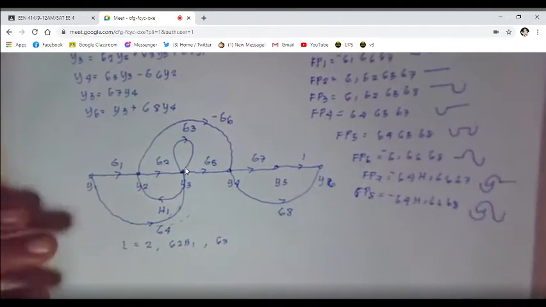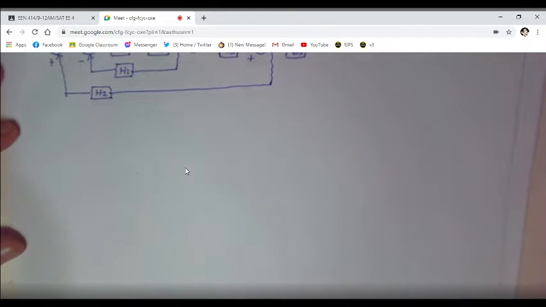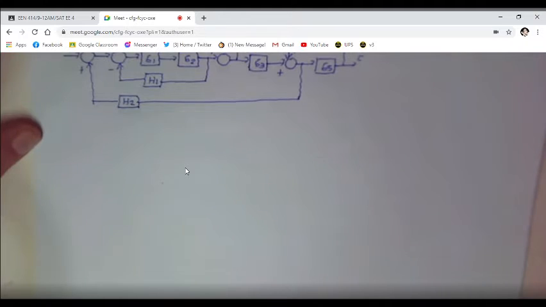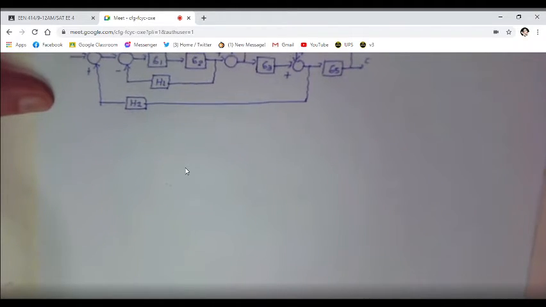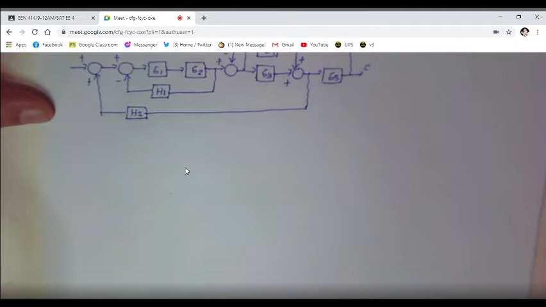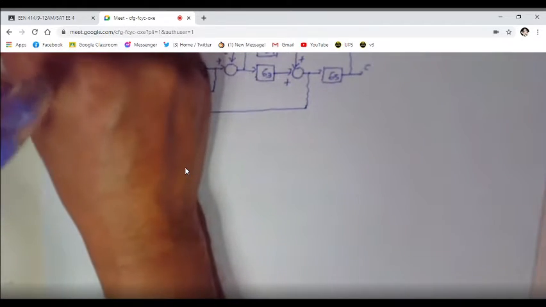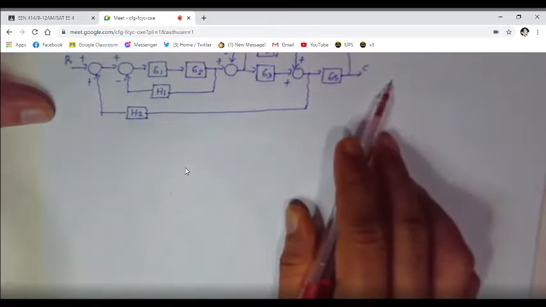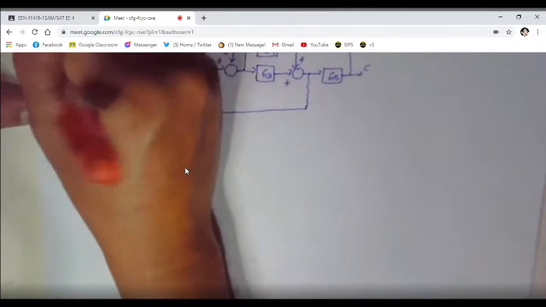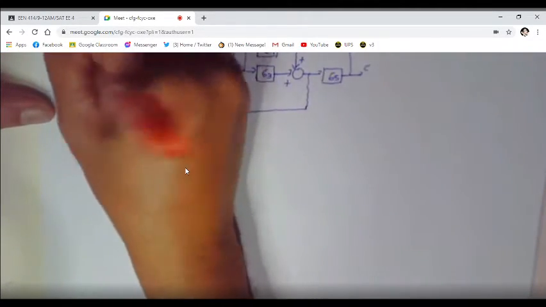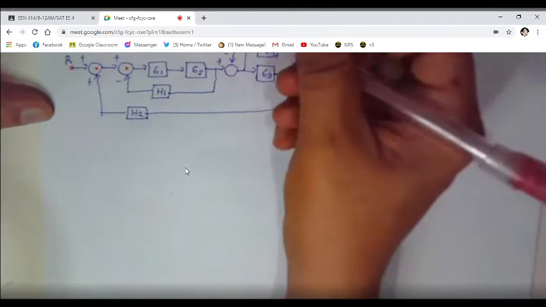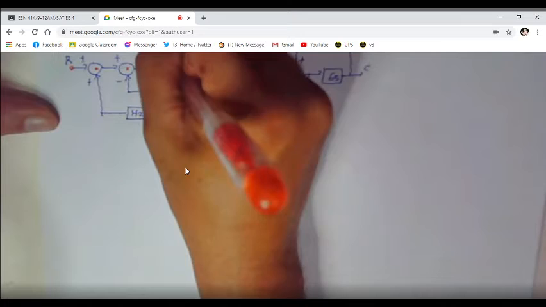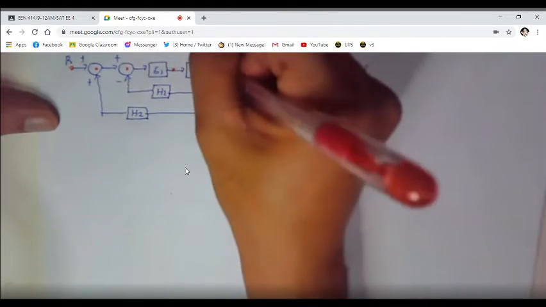Okay, itong number 2, draw the equivalent signal flow graph. So, ita-transform natin ito into signal flow graph. Okay? So, ito yung R. Dito ka maglalagay ng node. May node ka dito.